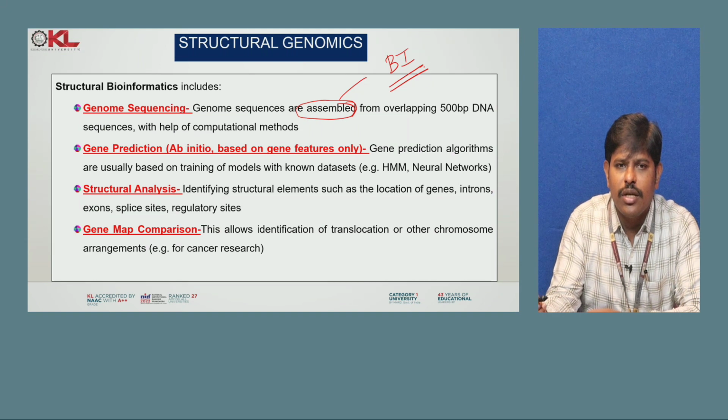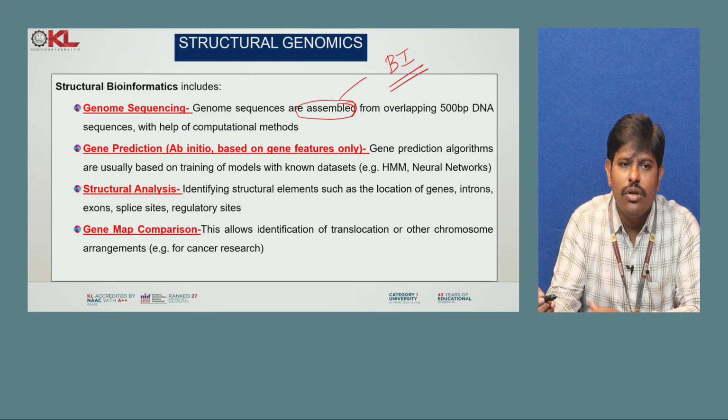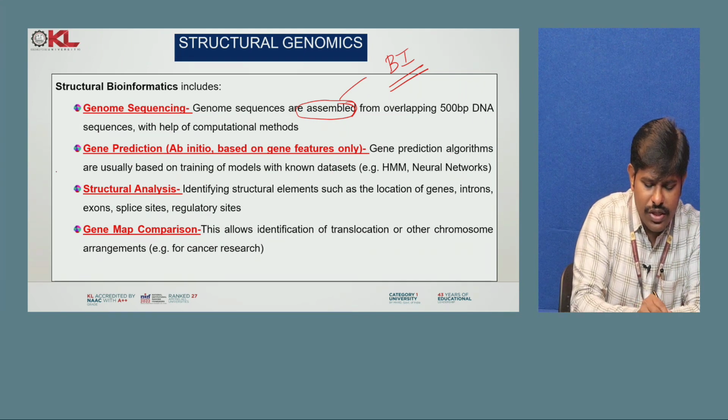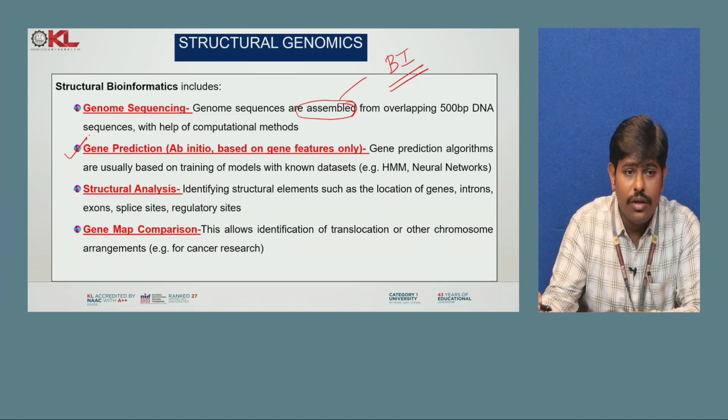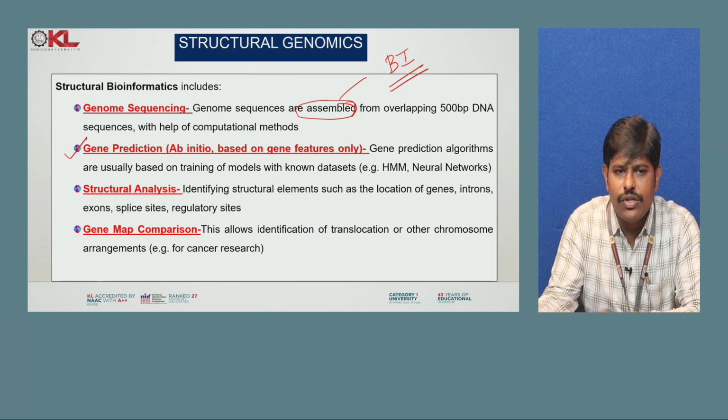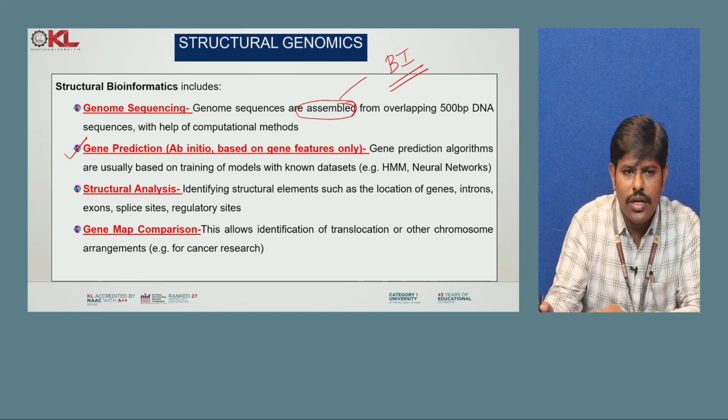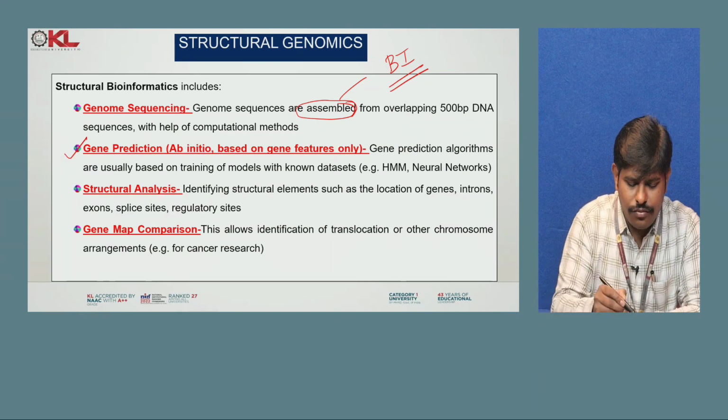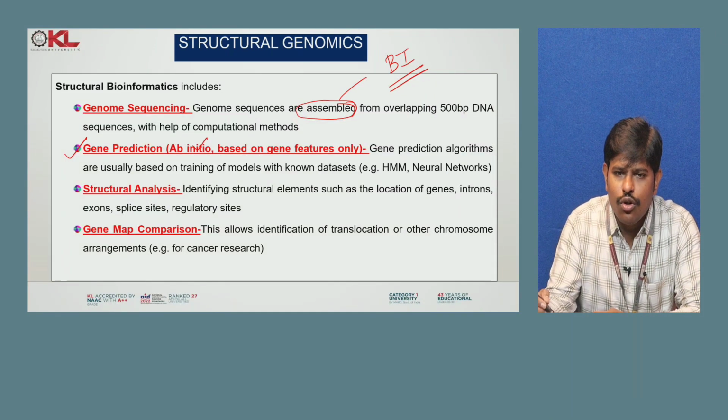So bioinformatics or structural genomics plays a key role in assembling an unknown genome, and in the prediction of genes in a newly sequenced genome. There are several methods called ab initio methods or comparative or phylogenetic footprinting methods to predict genes in the sequenced genome.